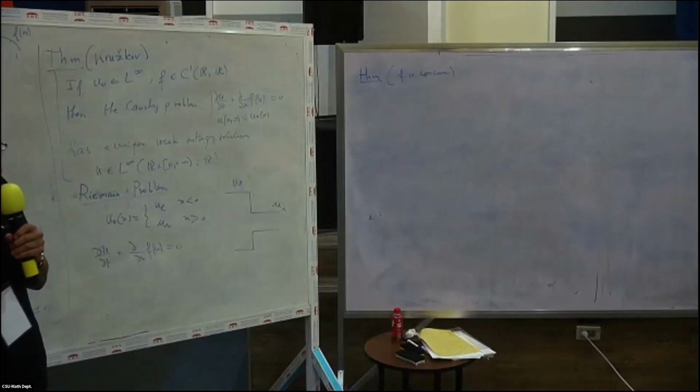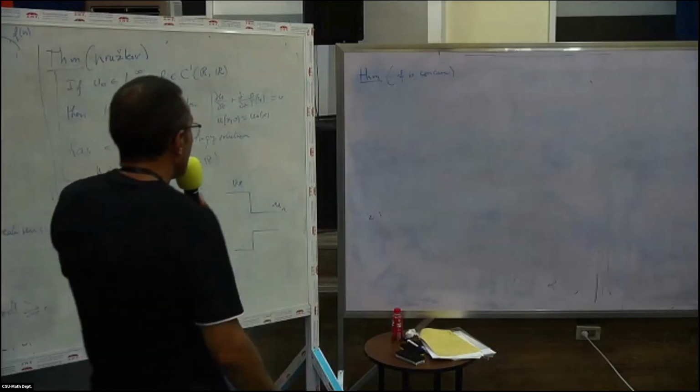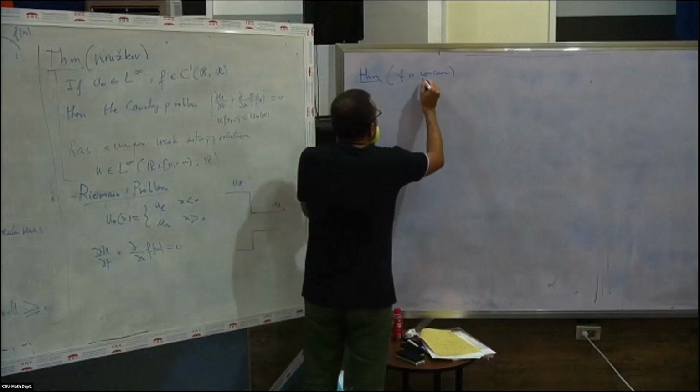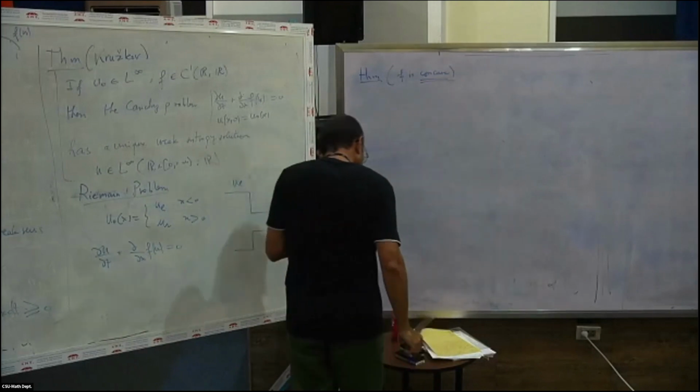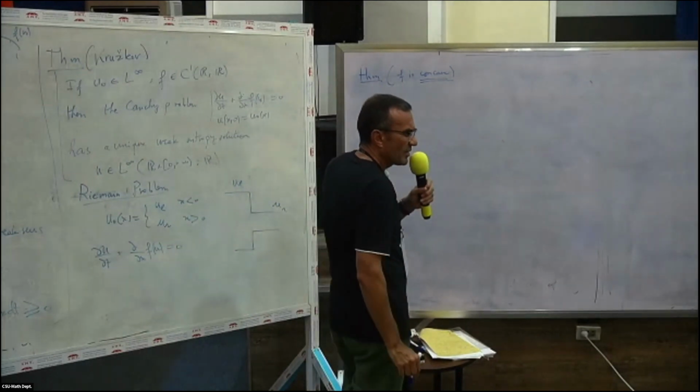Because it depends on whether your flux function is concave or convex, you have to reverse the form of the solution. The convexity of the function is important. So f concave.